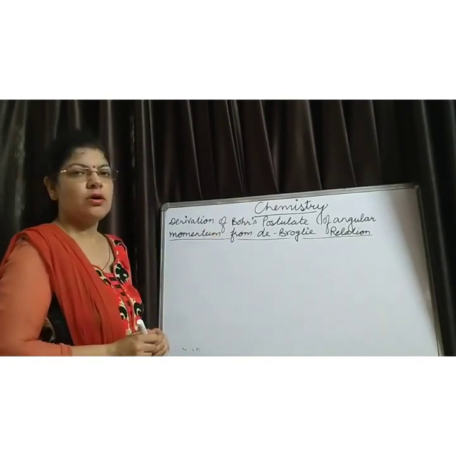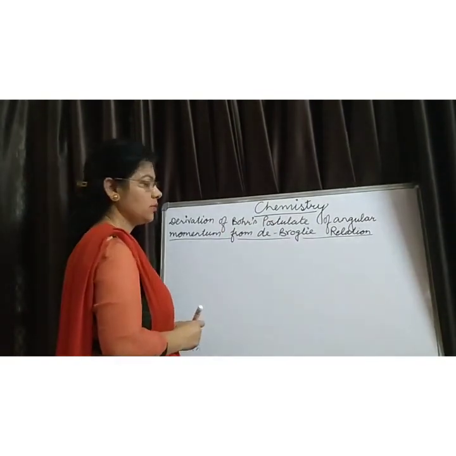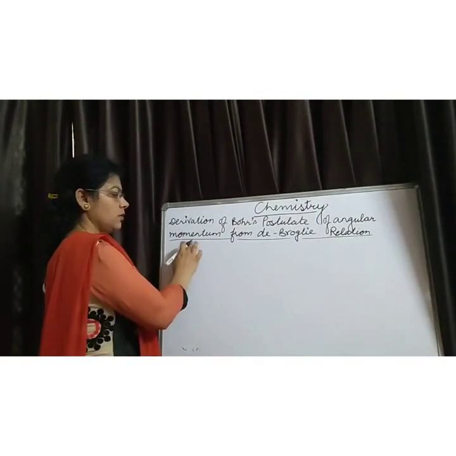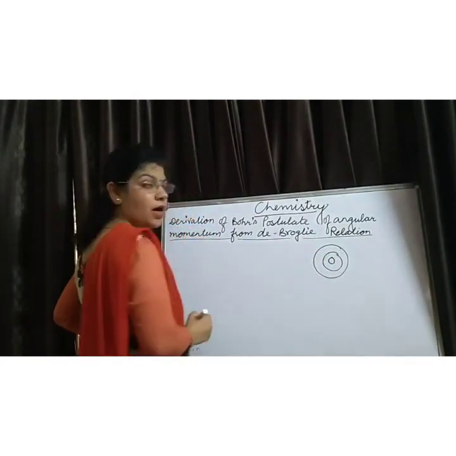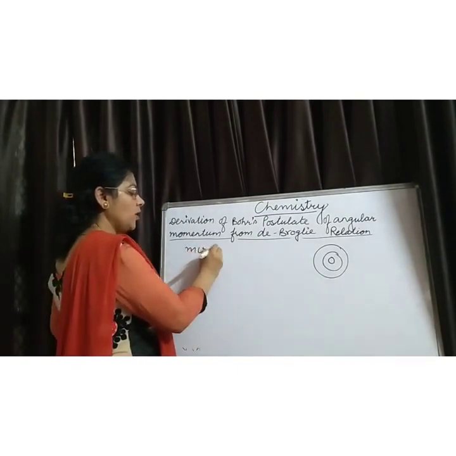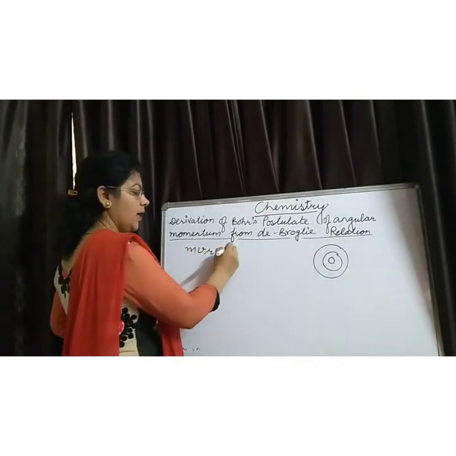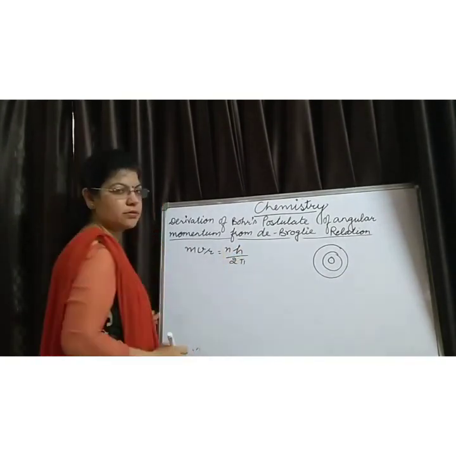According to Bohr's postulate, only those orbits are possible which have angular momentum an integral multiple of h by 2 pi.